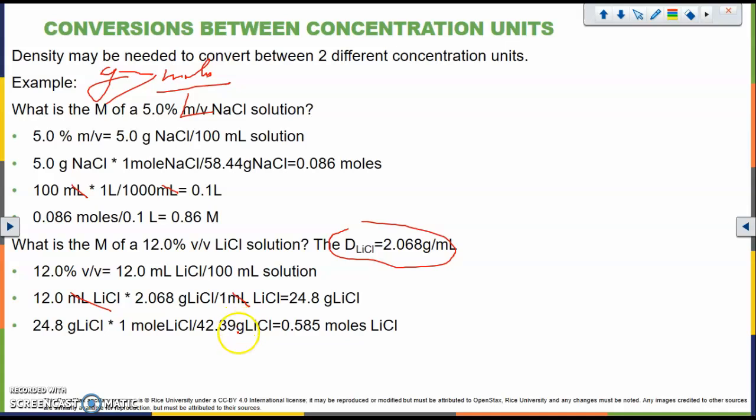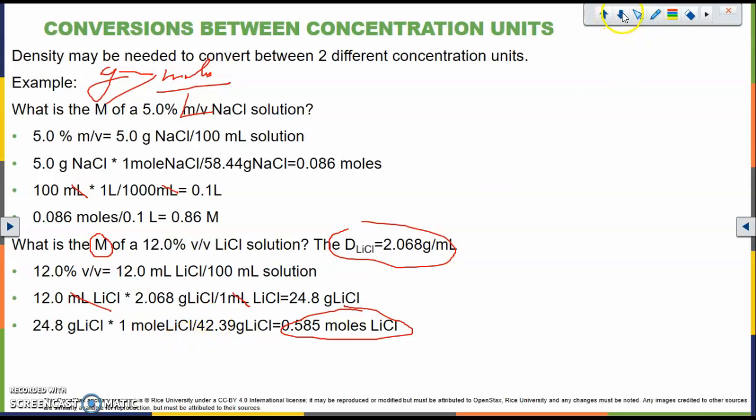You go to the table of elements again, find the mass of 1 lithium, 1 chloride, do the division, 0.585. Now remember, we're trying to go to molarity here, which is moles over liter. We already have moles. What are we missing? We're missing liters, and it's going to be similar to this math here.